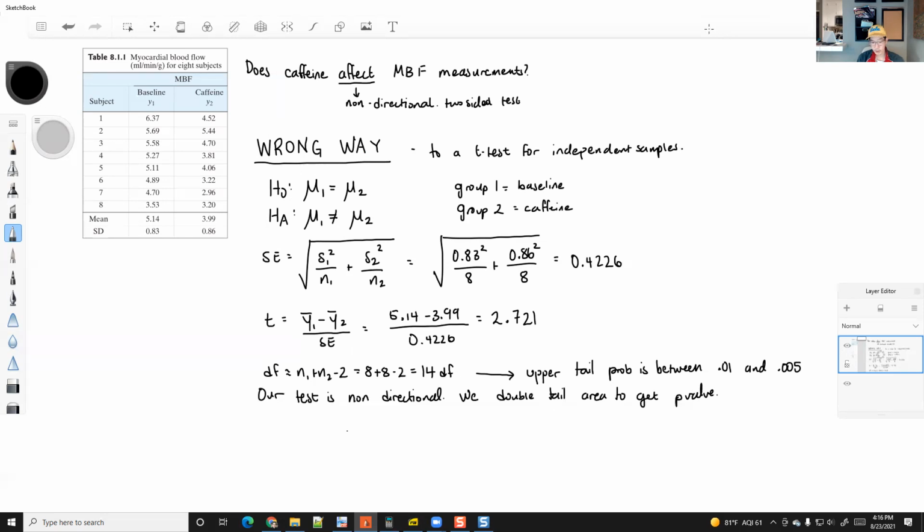So our p-value is between 2% and 1%. If our significance level is 5%, we would reject the null hypothesis. And if alpha were 1%, we would not reject the null hypothesis.